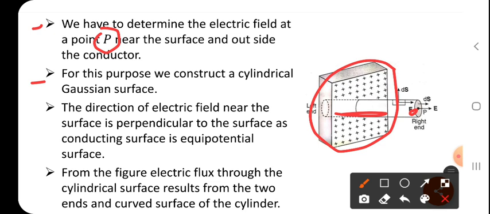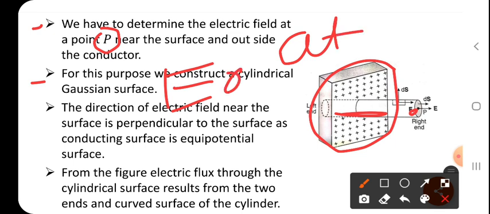I have done the Gauss law video already. The main purpose of Gauss law is to calculate the electric field at a certain distance or inside a charged substance. At whatever point you want to calculate the electric field, you must draw a Gaussian surface through that point.